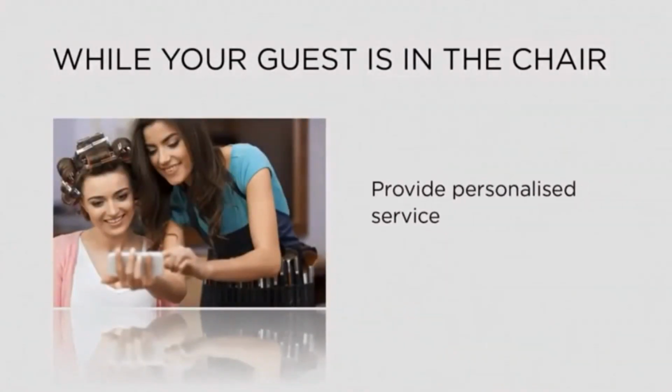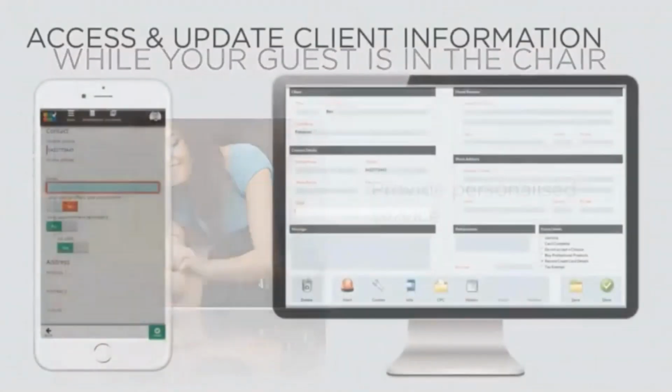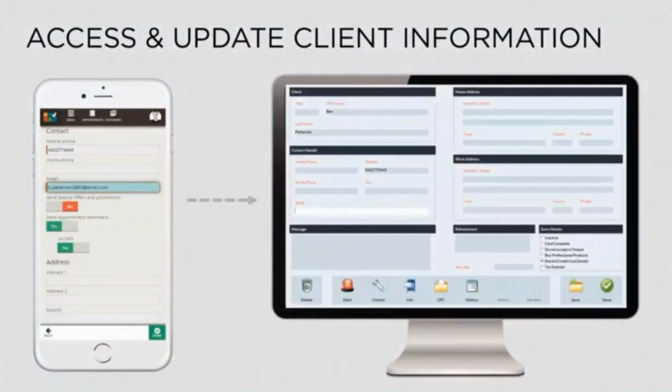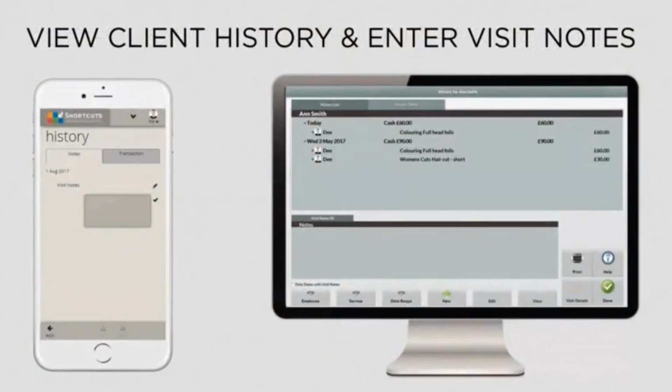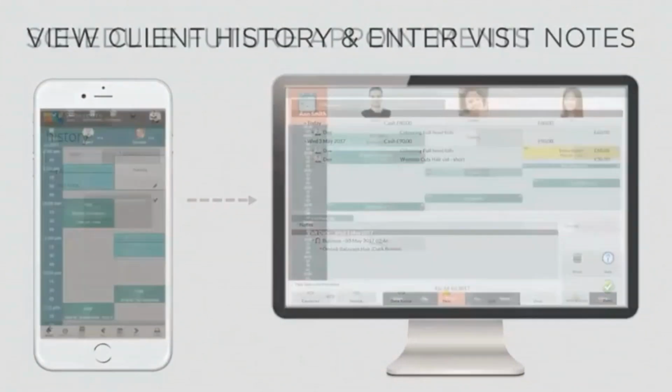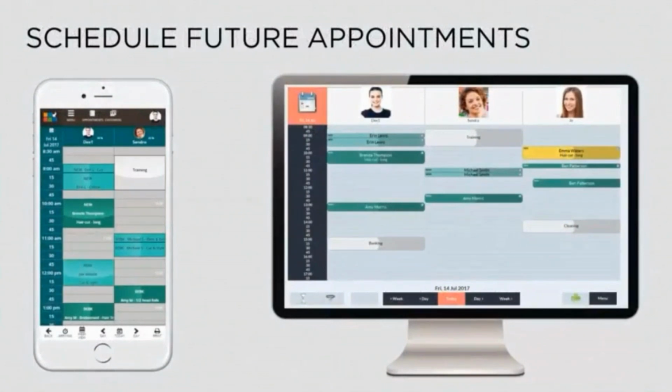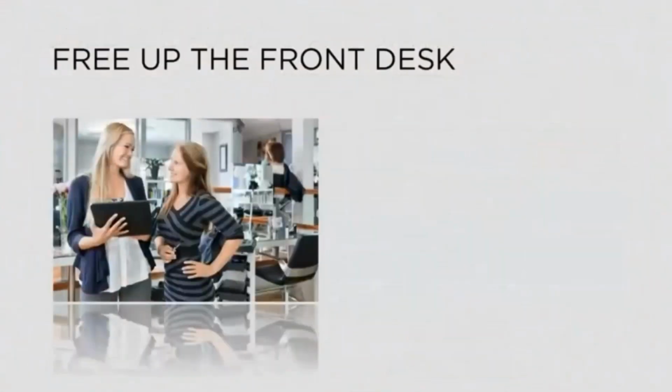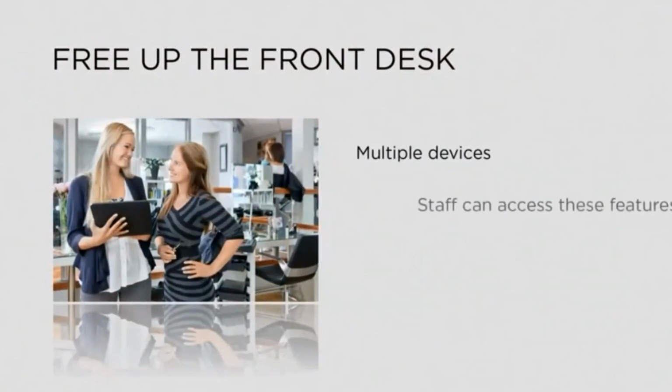When you make an appointment in the cloud, it synchronizes to your Shortcuts point of sale. When you update your client information in the cloud, it synchronizes with your Shortcuts point of sale. Update your history notes, your visit notes, so that you don't have your front desk do that. Again, it all synchronizes. The purpose is, of course, to free up your front desk.